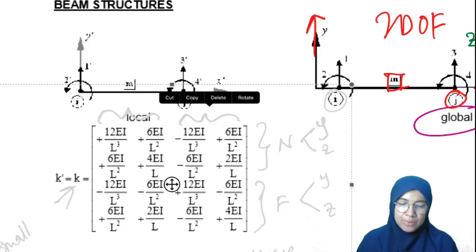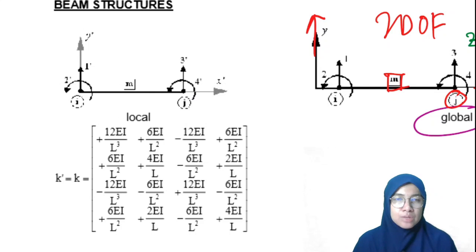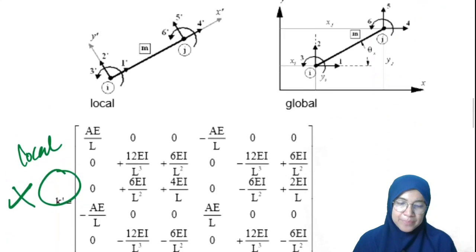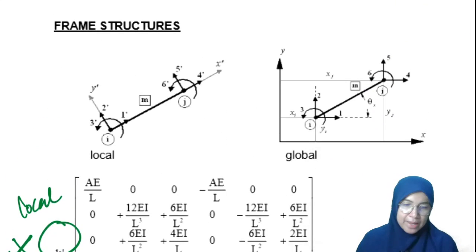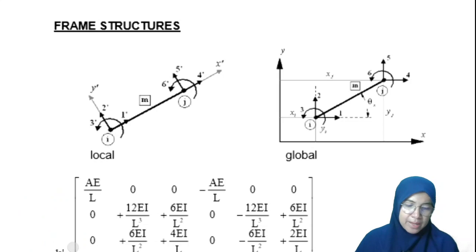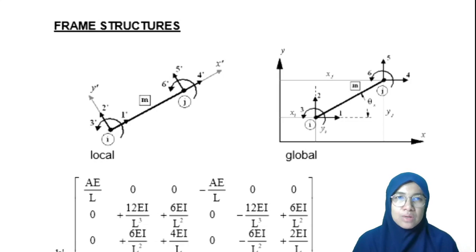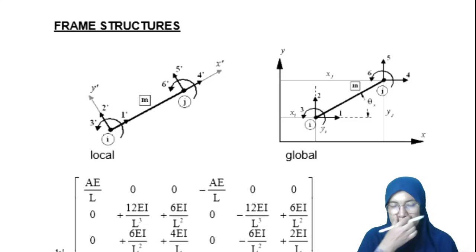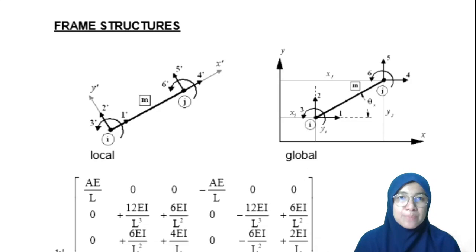That is why we don't need to put the arrow as well as calculate cx, cy, or put the coordinate. But for frame, it has different local and global coordinate system, and as usual, element consists of two nodes. It has near end and far end.